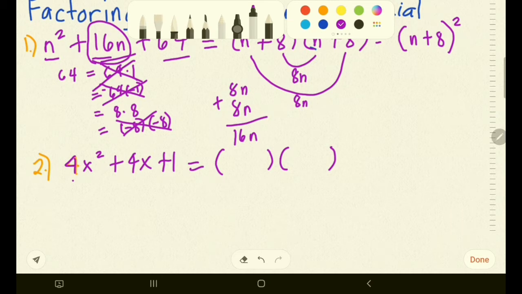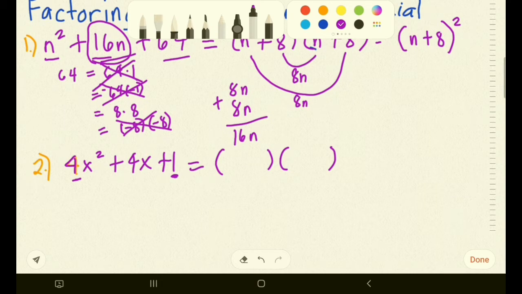Here, as you can see, 4 is not a prime. So we'll not factor that first. We'll factor first the last term, which is 1, since 1 has only one pair of factors, which is 1 and 1 itself.